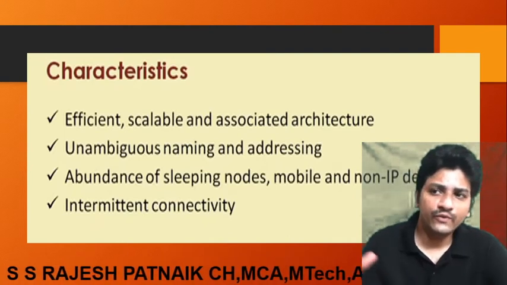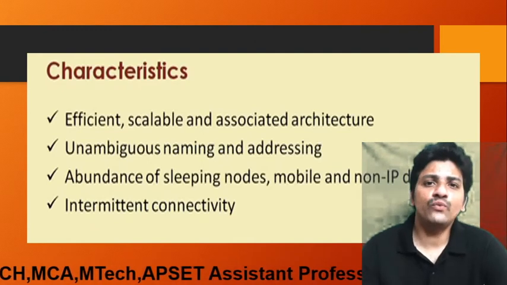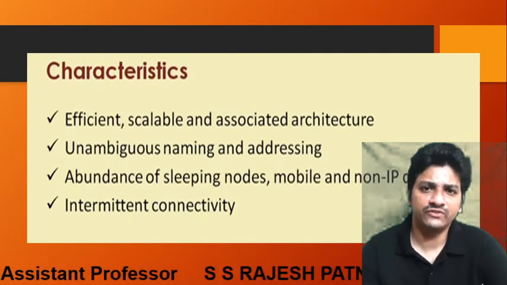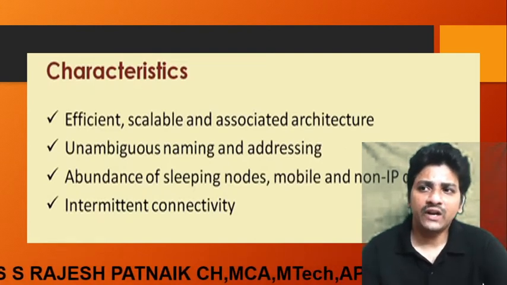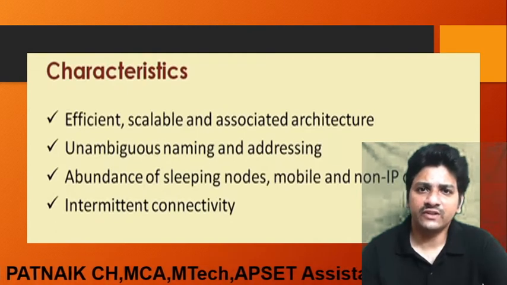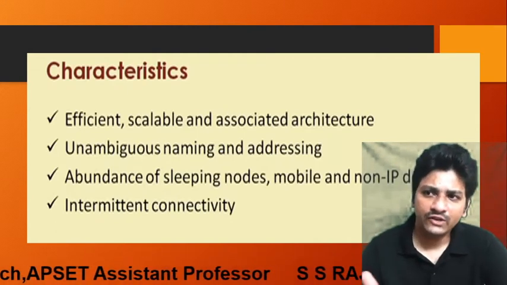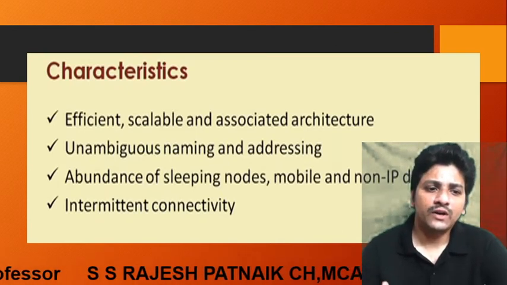So what is that? Whenever we use IoT devices in real time, in the 2000s there were fewer IoT devices, maybe in billions, but fewer compared to the present period.